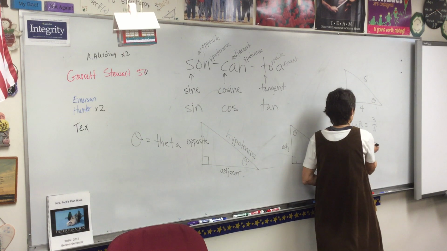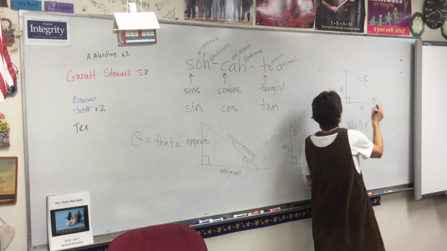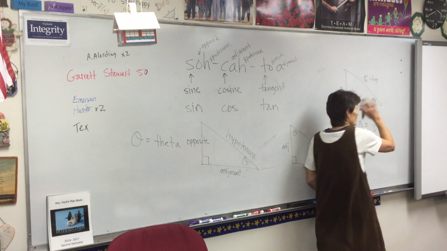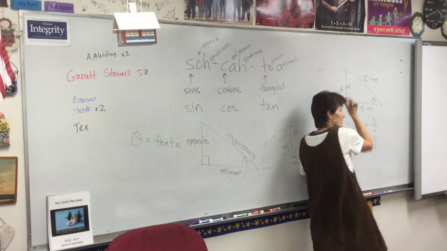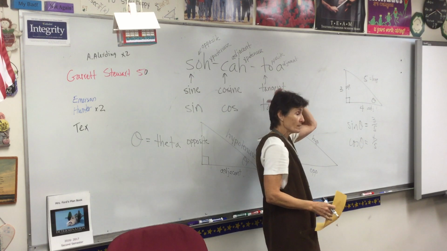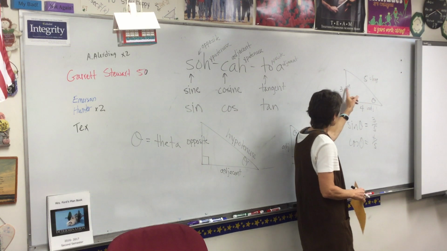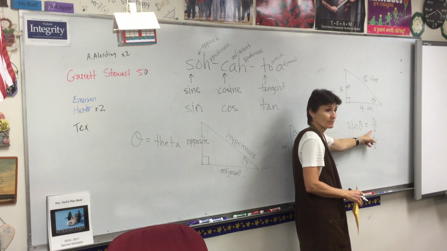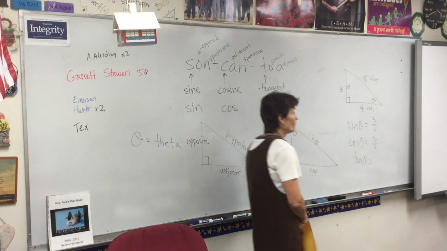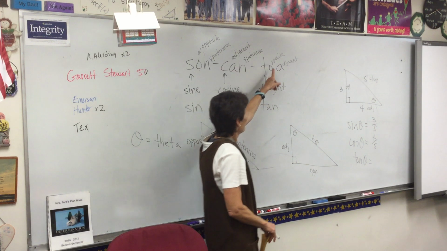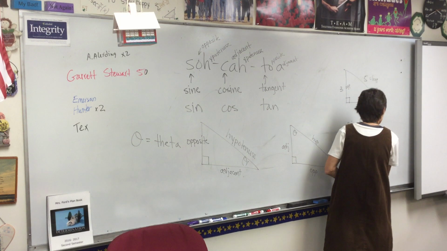Cosine would be adjacent over hypotenuse, or 4/5. Now remember, the hypotenuse is the hypotenuse, period. If this is theta, this is the adjacent side, and this is the opposite side. SOHCAHTOA tells me that sine is opposite over hypotenuse, so that's how I got 3/5. What would the tangent of theta be in that picture? Opposite over adjacent, so it would be 3 over 4. It's that easy.